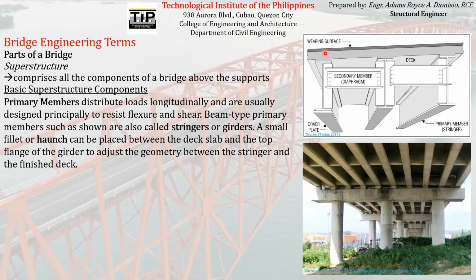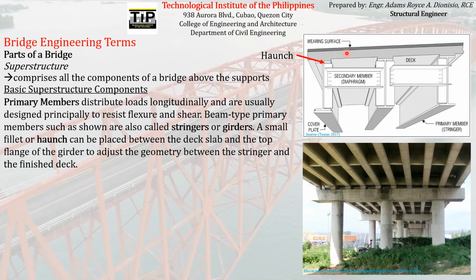So as you can see here, sometimes we put a small space, which is what we call a haunch, between the deck and the top of the girder or the stringer, so that we can easily adjust the geometry between the deck and the girder. Especially if the bridge has a curvature shape, sometimes we need to super elevate the deck itself.